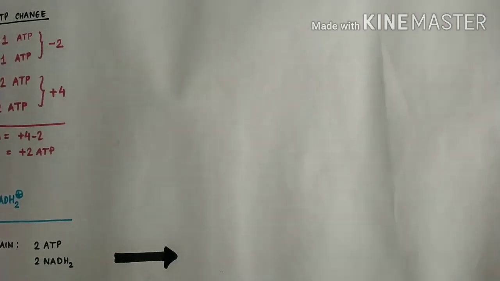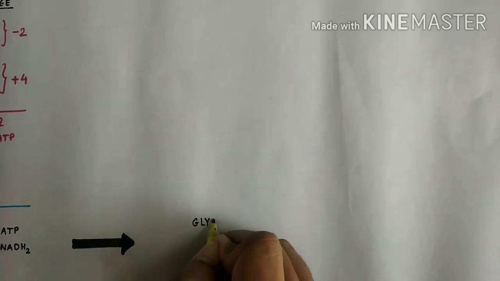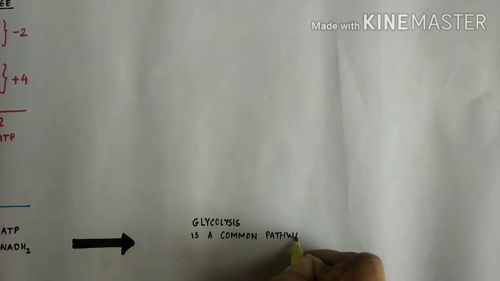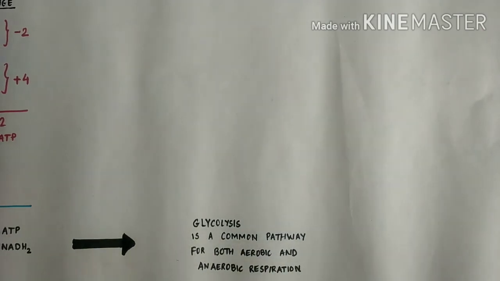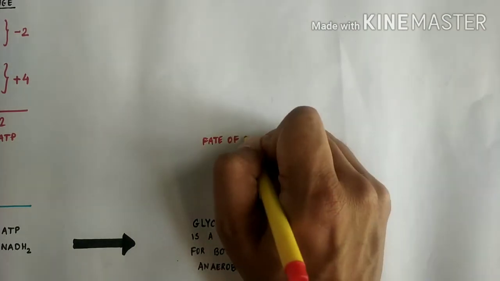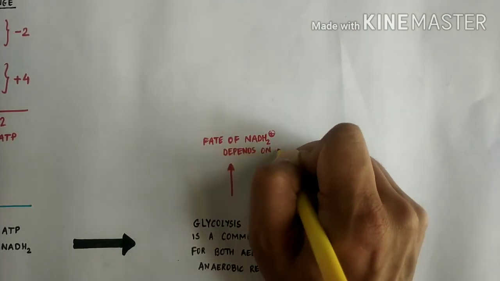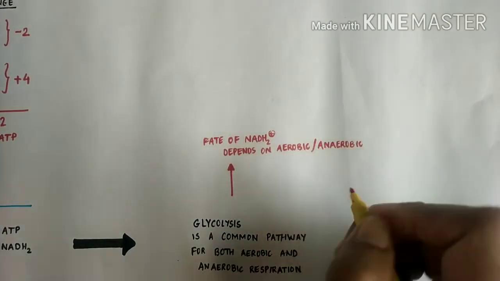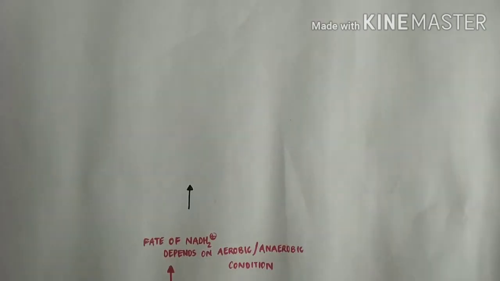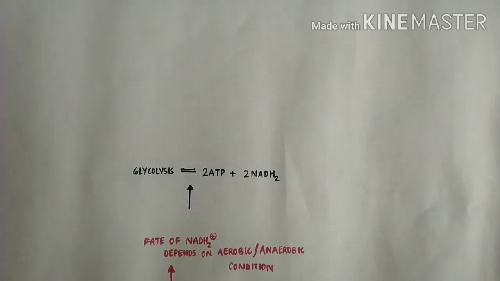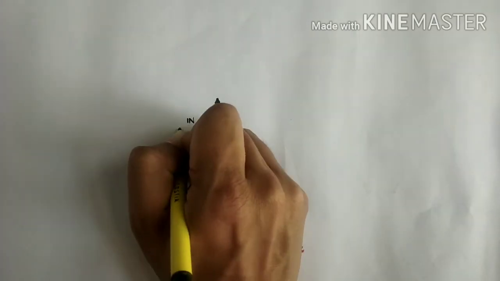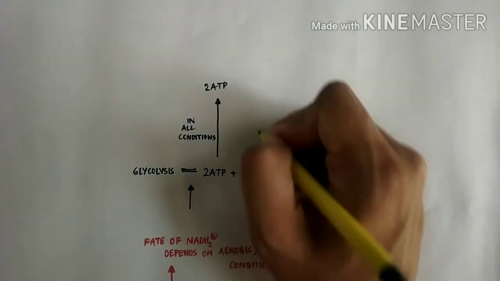Point 2. Glycolysis is a common pathway to both types of respiration, that is aerobic and anaerobic. But the fate of NADH2+ depends on whether the conditions are aerobic or anaerobic. NADH2+ produces 2.5 moles of ATP through oxidative phosphorylation, that is, in the presence of oxygen, aerobic conditions.